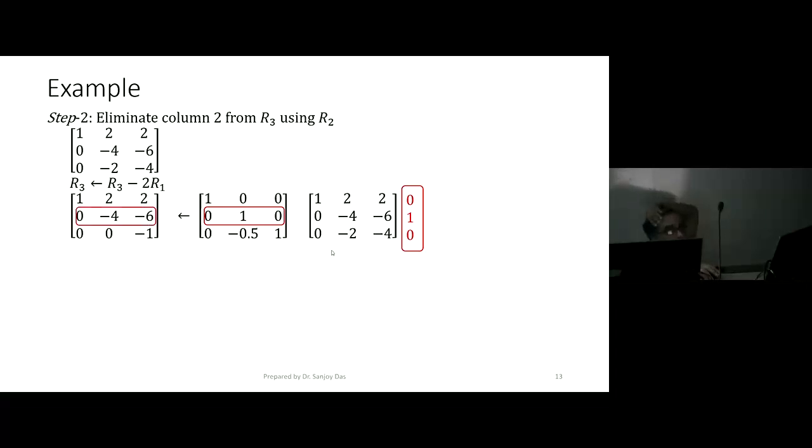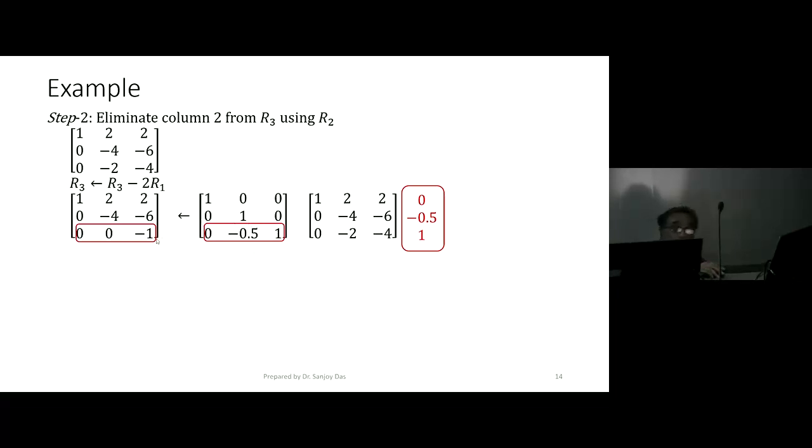But here, what I did was, again, observe that this is a lower triangular matrix. And so I'm doing this matrix operation. I'm subtracting half of row 2 from row 3, and then I get my 0, 0, negative 1. And again, like I said, this is a lower triangular matrix.